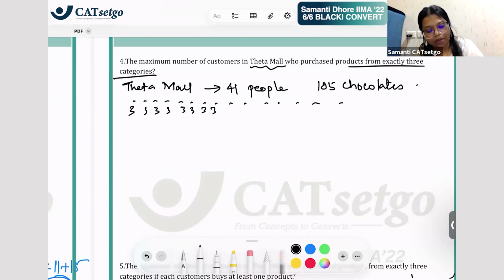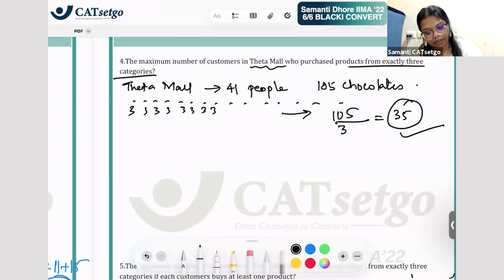Till how many people will it go? 35. Out of 41, till 35 people I can distribute, and the remaining 6 people will have no products at all, which is okay. So the answer is 35: the maximum number of customers who have exactly 3 products is 35. Do you understand, yes or no?